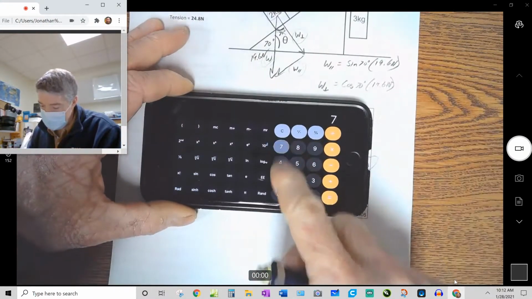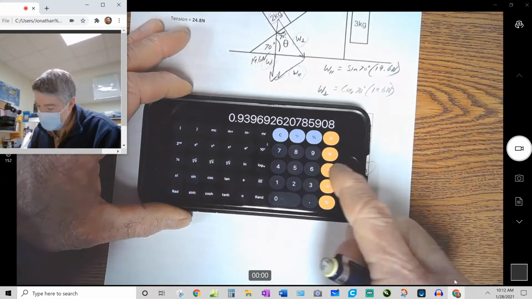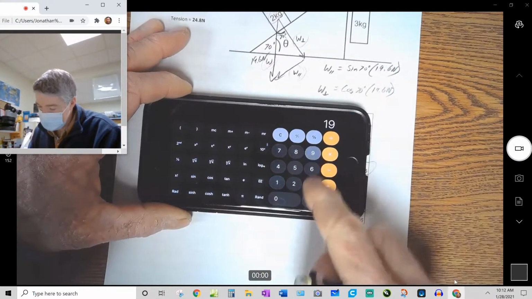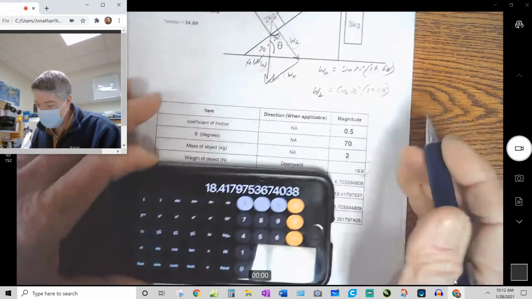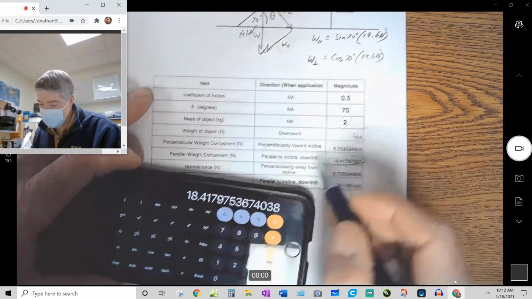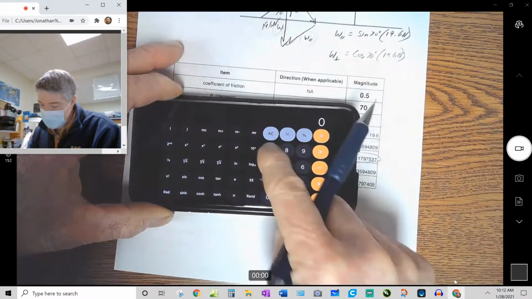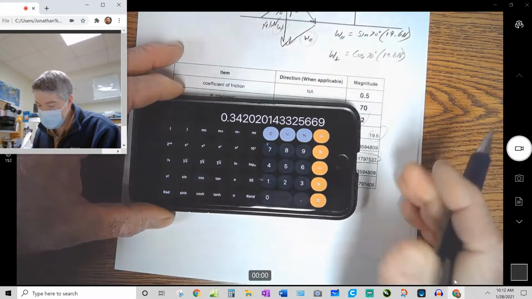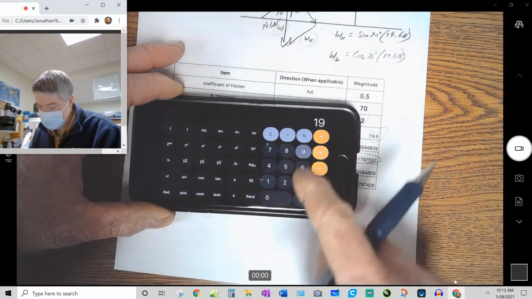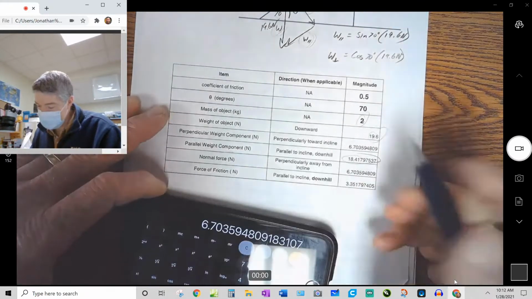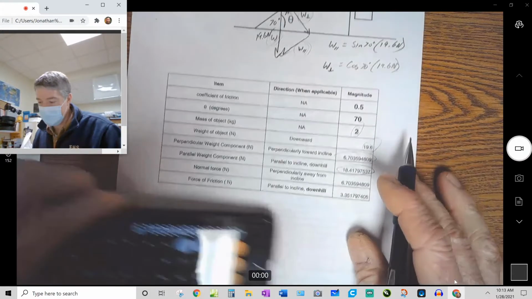So 70 sine times 19.6, 18.41. There we go, that's the parallel component. And 70 cosine 0.342 times 19.6, 6.7. That's the perpendicular component.